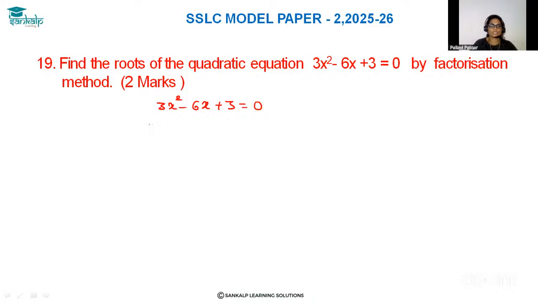So 3 in bracket x square minus 2x plus 1 is equal to 0. Divide both sides by 3. We'll get x square minus 2x plus 1 is equal to 0. The expression x square minus 2x plus 1 is a perfect square trinomial.